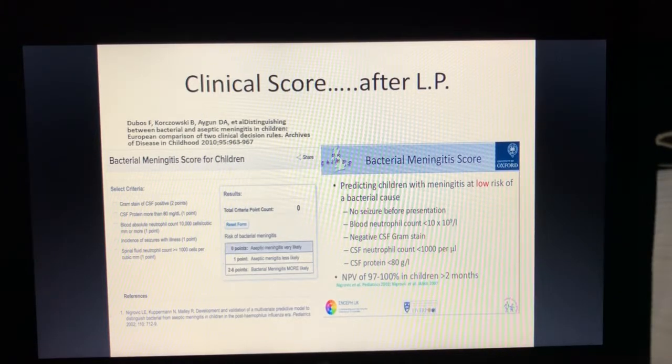So if you put all these together, if you have 0 points, then it suggests an almost 100% negative predictive value, but only in children over the age of 2 months.